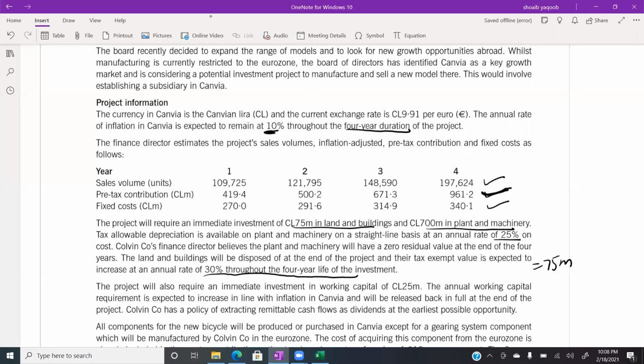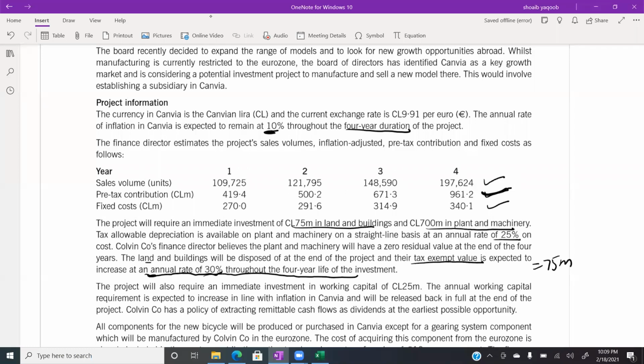Read this line clearly. Land and building will be disposed of at the end of the project, and their tax exempt value, so that means we do not have to apply tax on it, is expected to increase at an annual rate of 30% throughout the 4-year period.